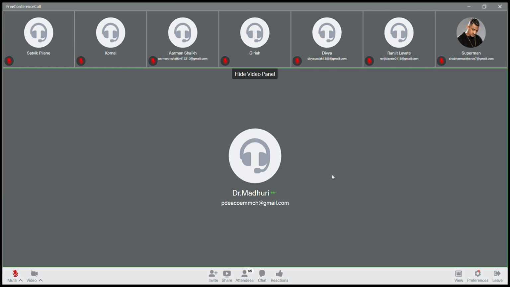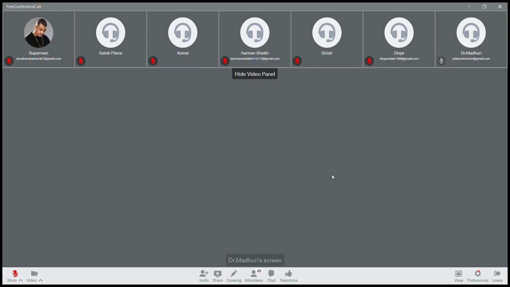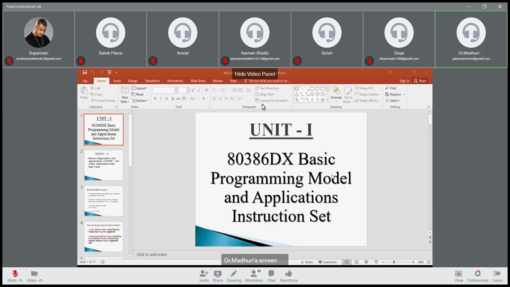Now I think we have already seen the architecture, but some points are remaining. So I want to share my screen and show the diagram first.